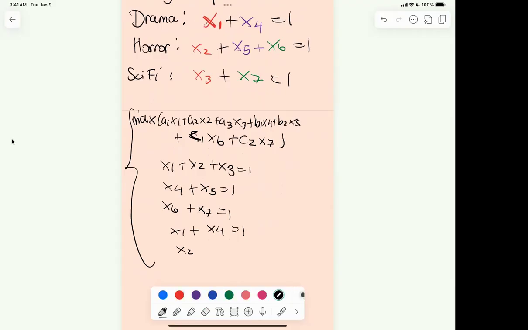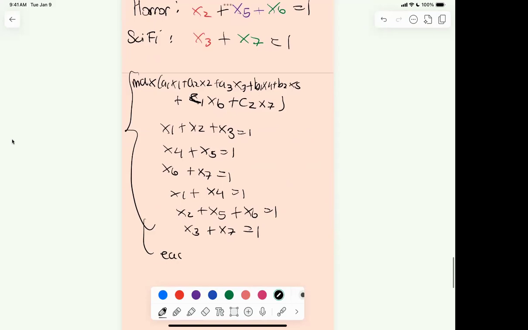Each of the variables has to be 0 or 1. And so that's an integer program, because the values of the variables have to be integers, but it's even more specific than integer, because they cannot be 3 or 4, they have to be 0 or 1.